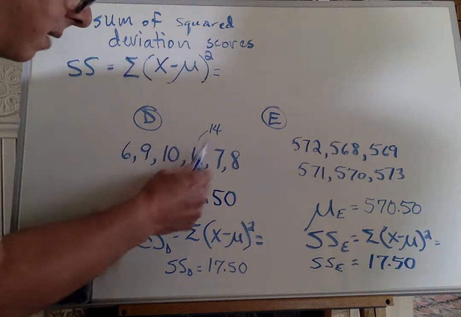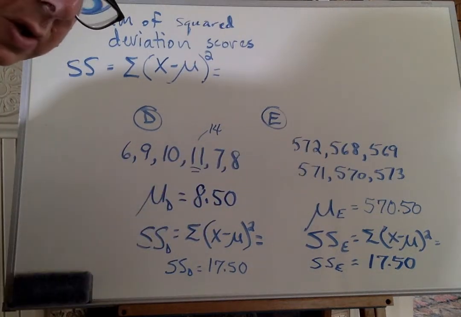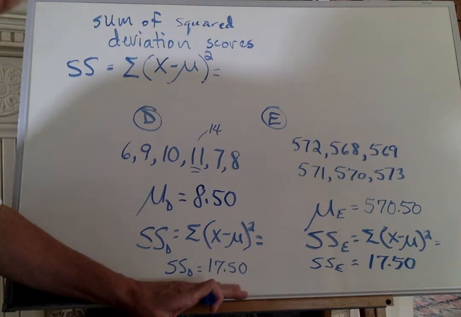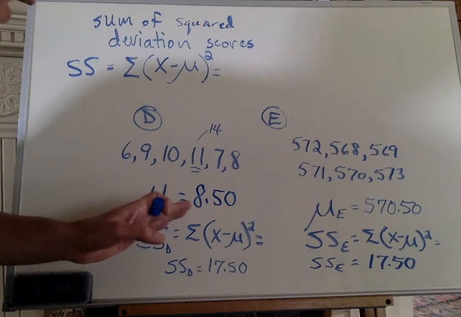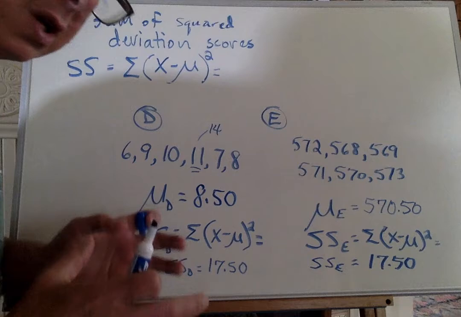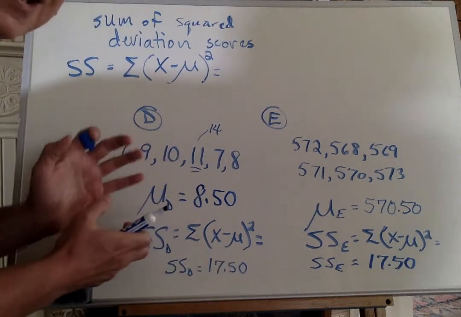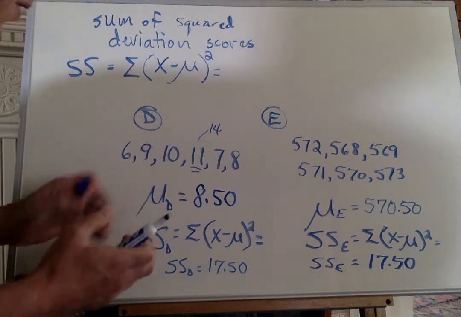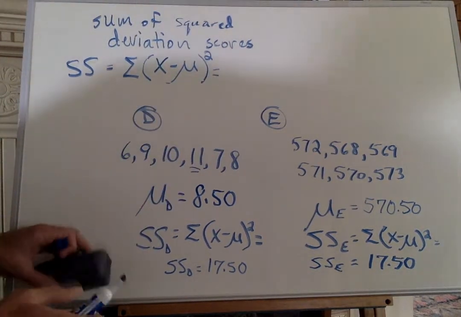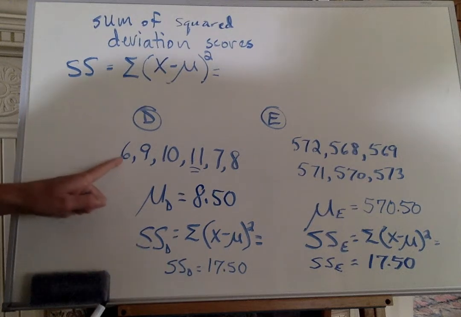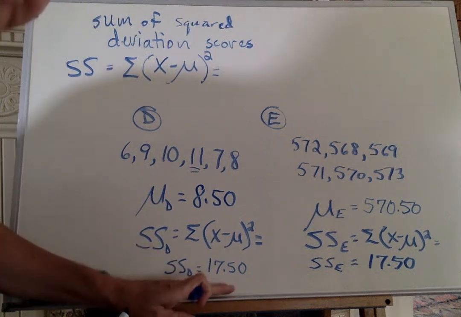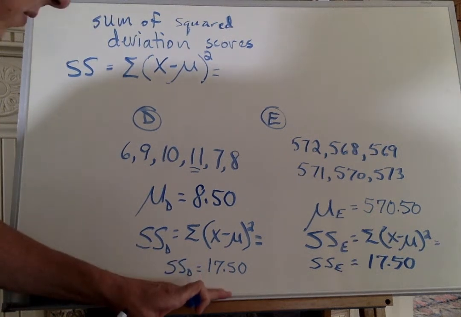So if I take one of these numbers and make it more spread out relative to what it was, then this value will go up. And we could calculate that if you want to prove it to yourself. Like, the computations will prove the concept, okay? That's how it works. So if we had changed that number from 11 to 14, we would see an increase here. If we change this 6 to, let's say, a 3, we would likewise see an increase in the sum of squares.